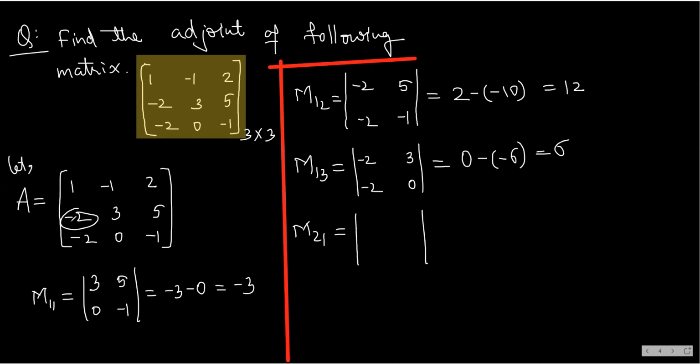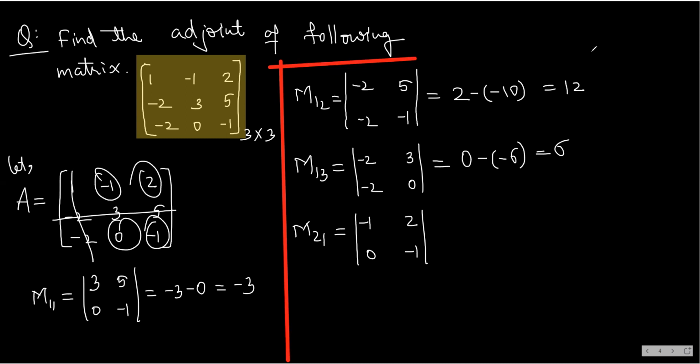You will ignore the row in which the element lies and the column in which it lies. The element lies in the second row and the first column. So you will have here -1, 2, 0, -1.